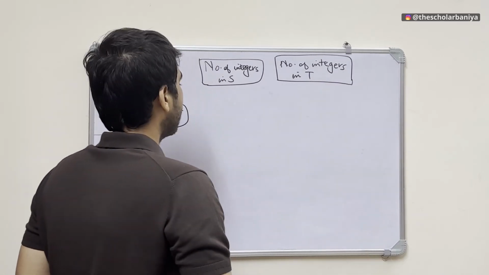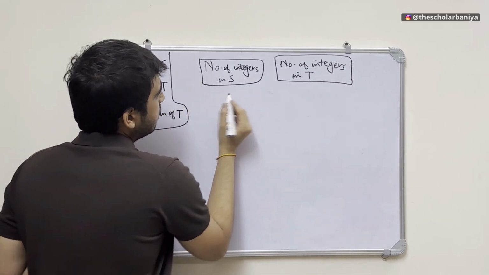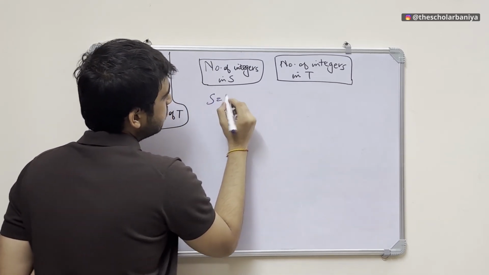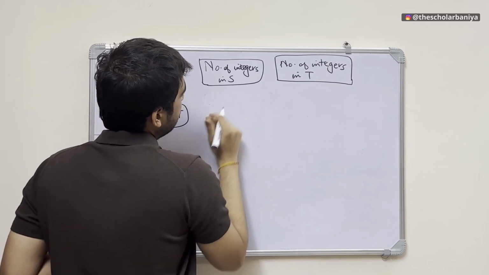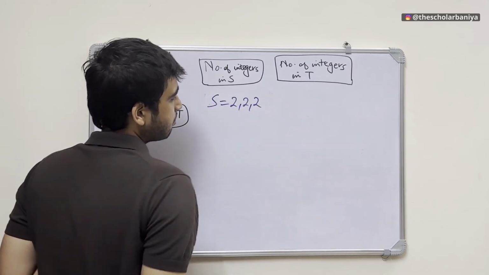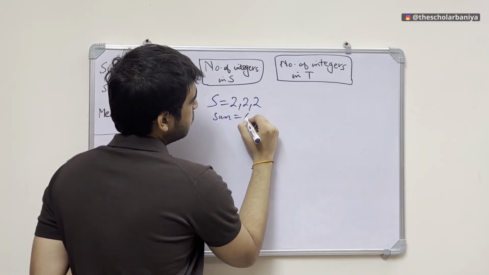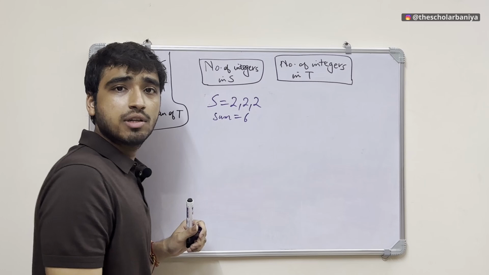So, for example, let's suppose list S is 2, 2, 2. So the sum becomes 6, 2 plus 2 plus 2.